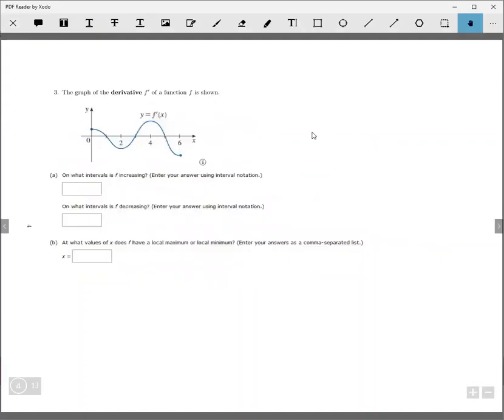A good way to find those is where the second derivative is 0 or where the second derivative doesn't exist. But that doesn't necessarily mean it's an inflection point, just like the first derivative being 0, or having a critical number, doesn't necessarily mean your function is going to have a local maximum or minimum.